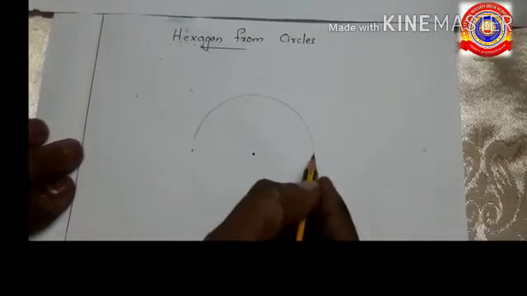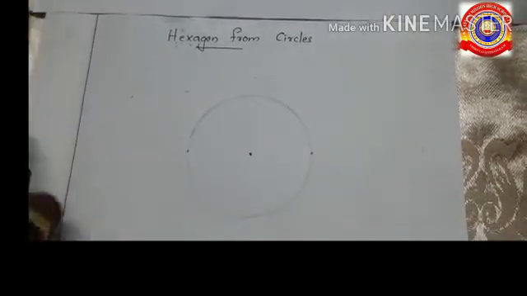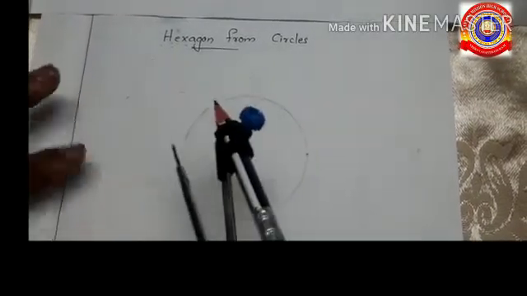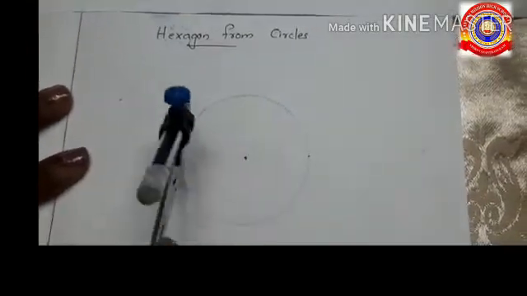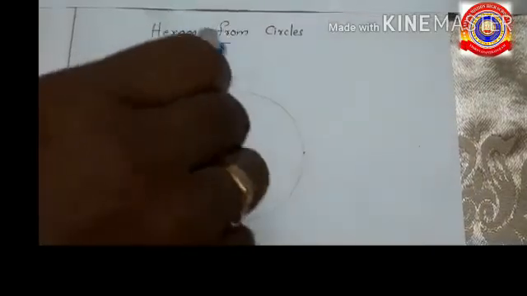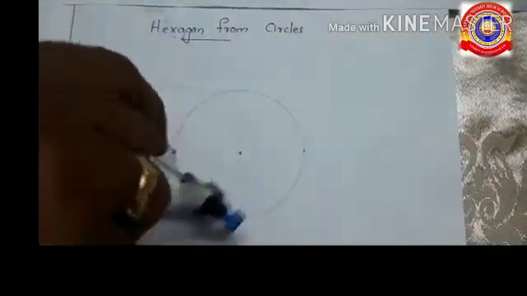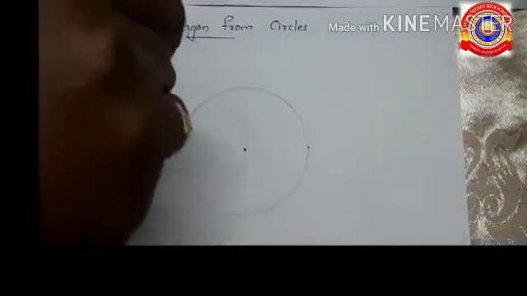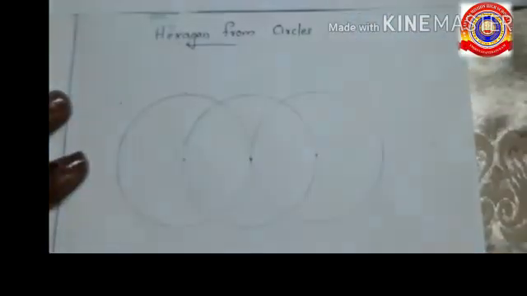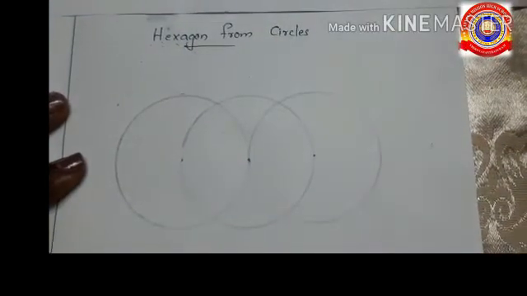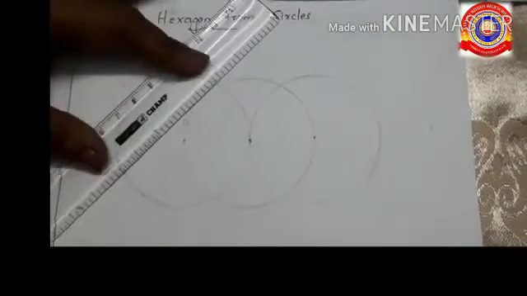Now from these 2 points, draw 2 circles of the same radius. Now we got 3 circles like this.